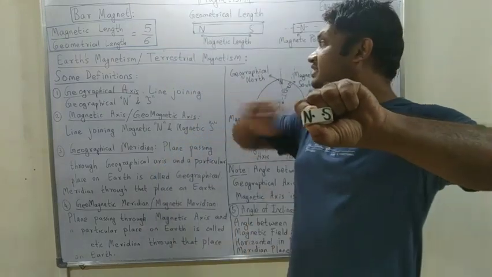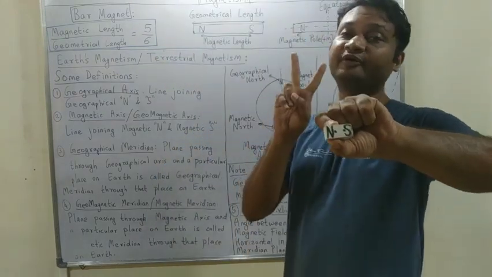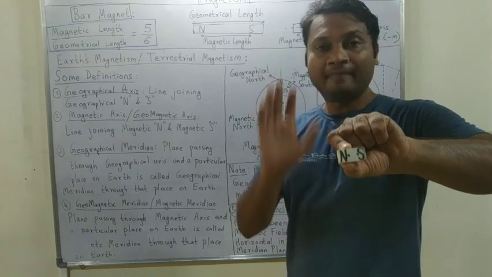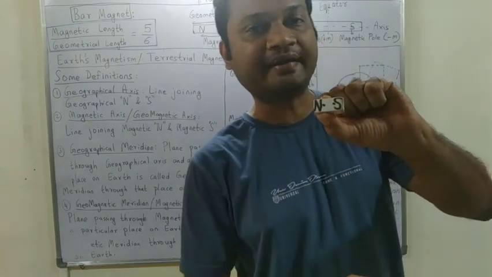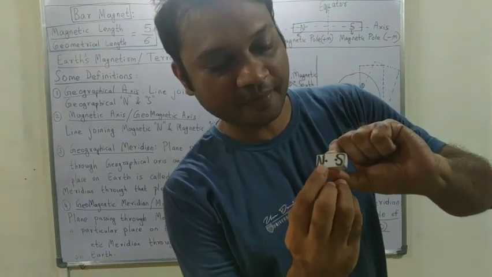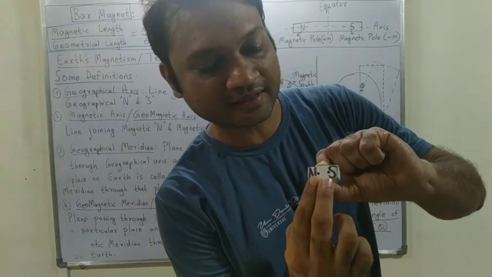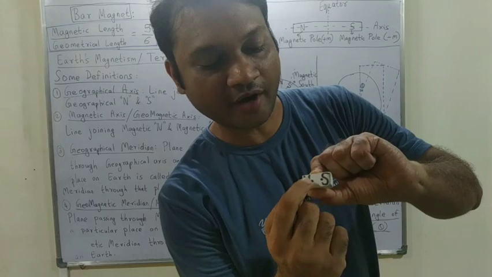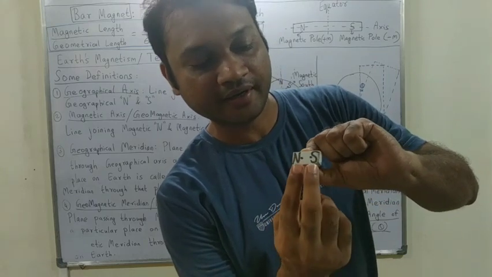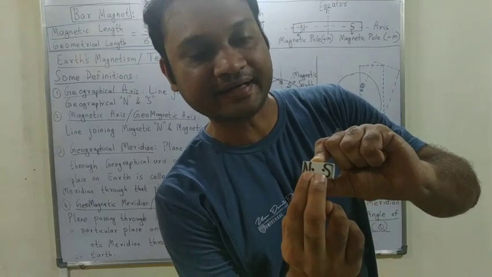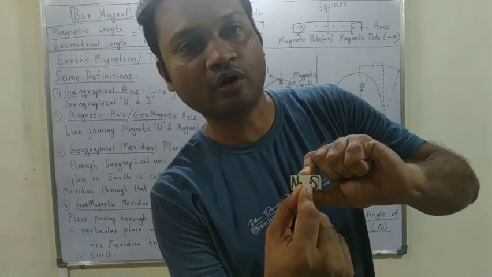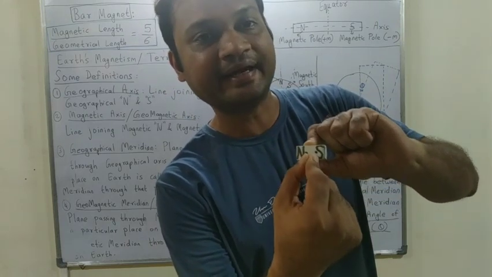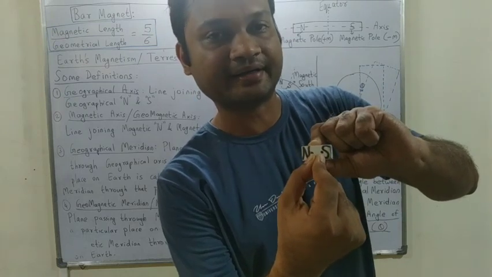If this is a bar magnet, then we define two new quantities, magnetic length and geometrical length. What is magnetic length? The distance between the North Pole dot and the South Pole dot is called the magnetic length of the bar magnet.